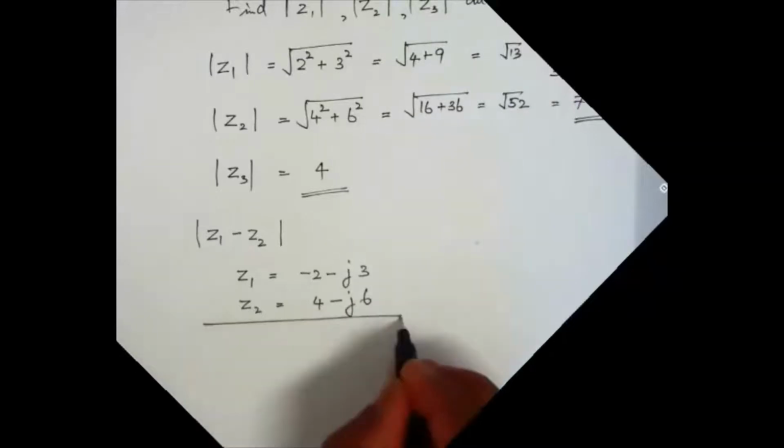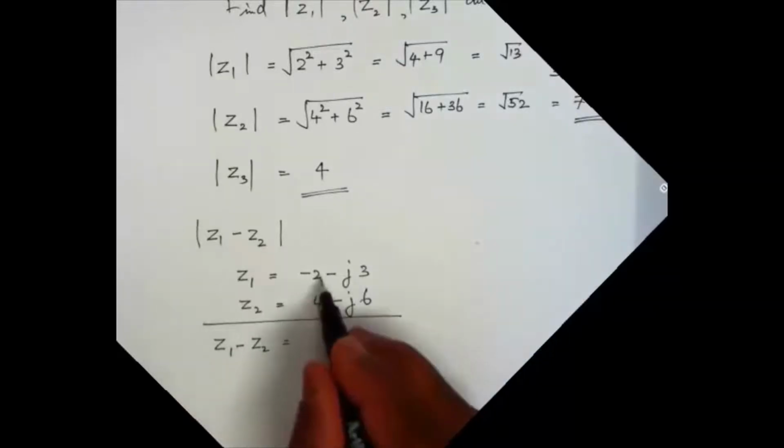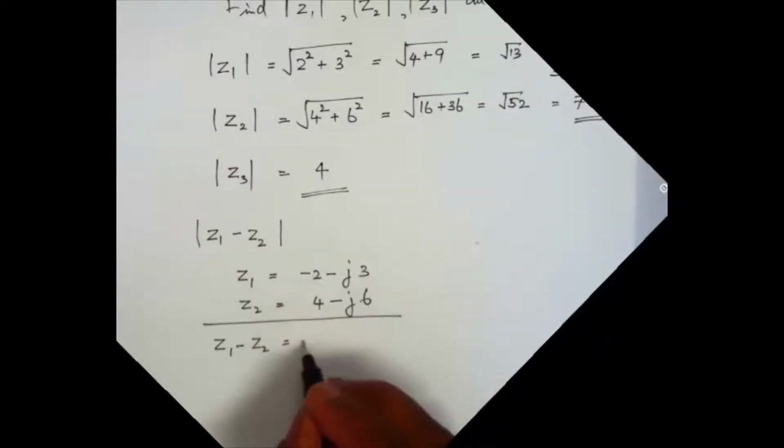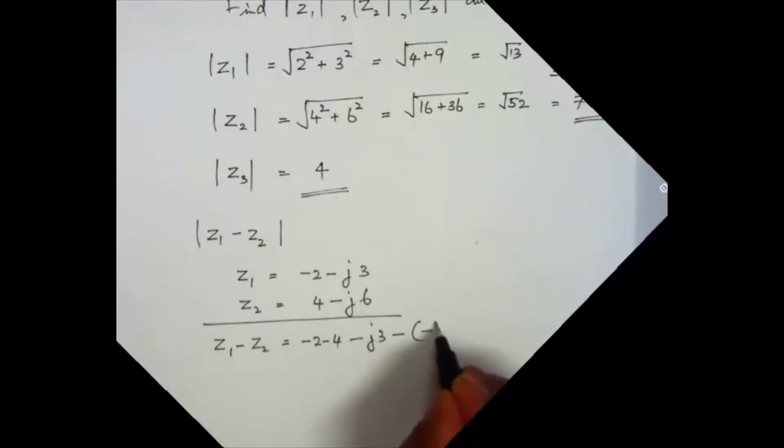So we simply subtract Z2 from Z1. You subtract the real parts, so that is -2 minus 4, and then you subtract the imaginary part, j3 minus j6.